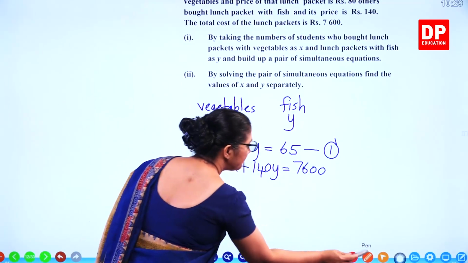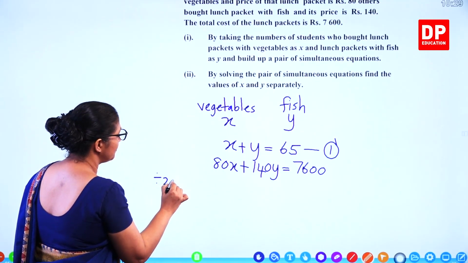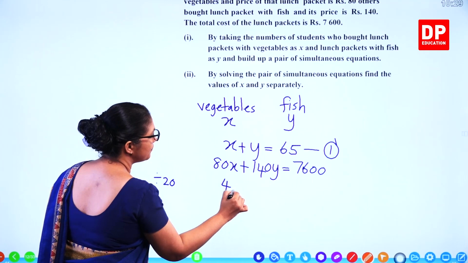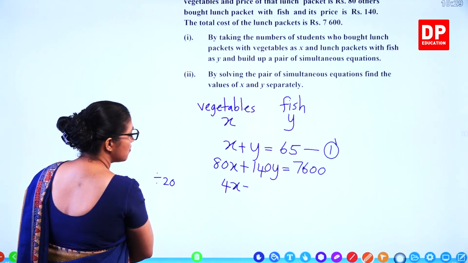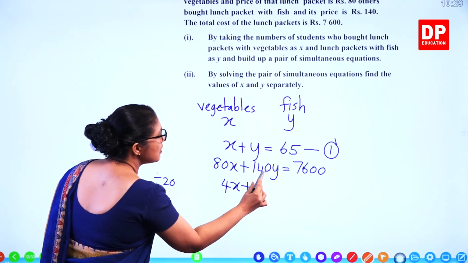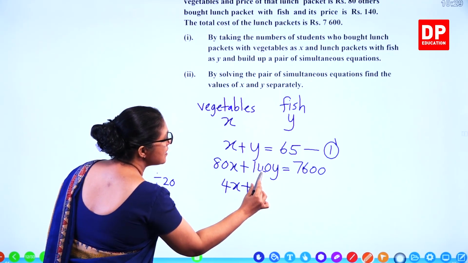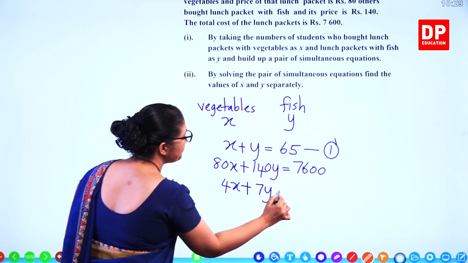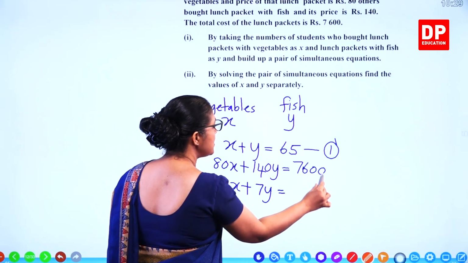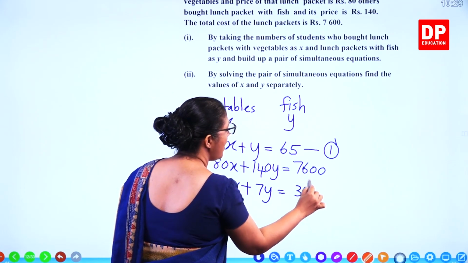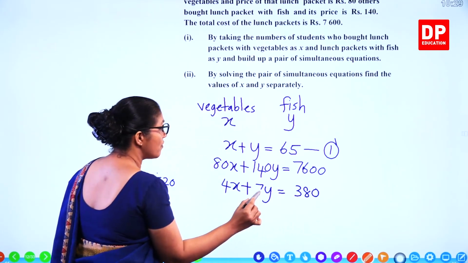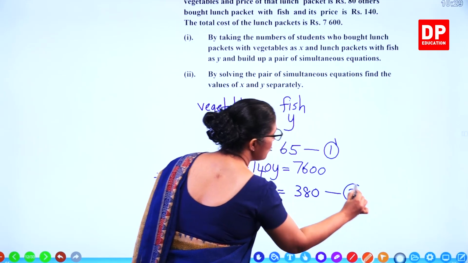What do you get? This is 4x, 7y, and 7,600 divided by 20, that means 380. So that's your second equation now.